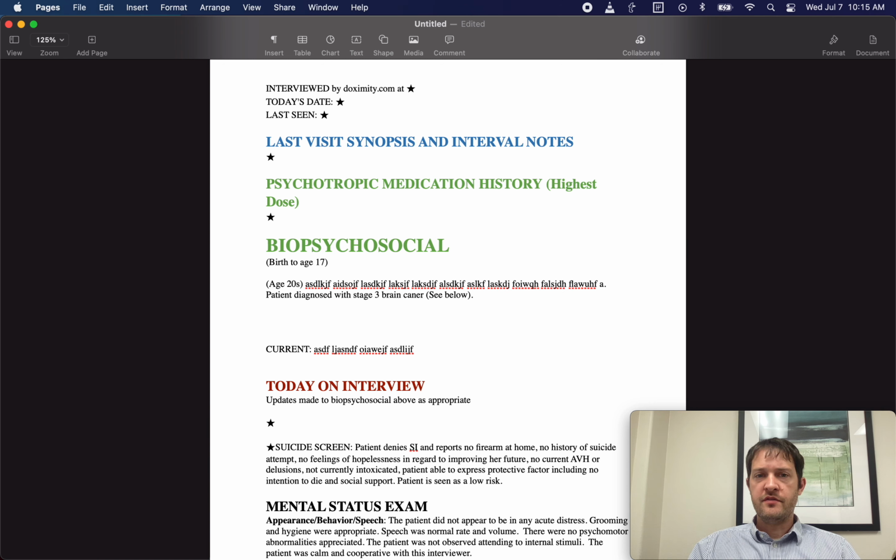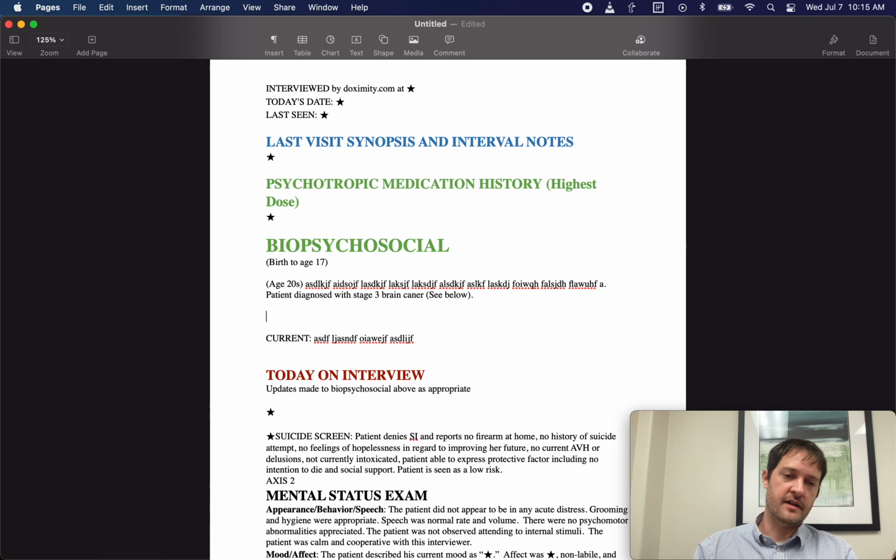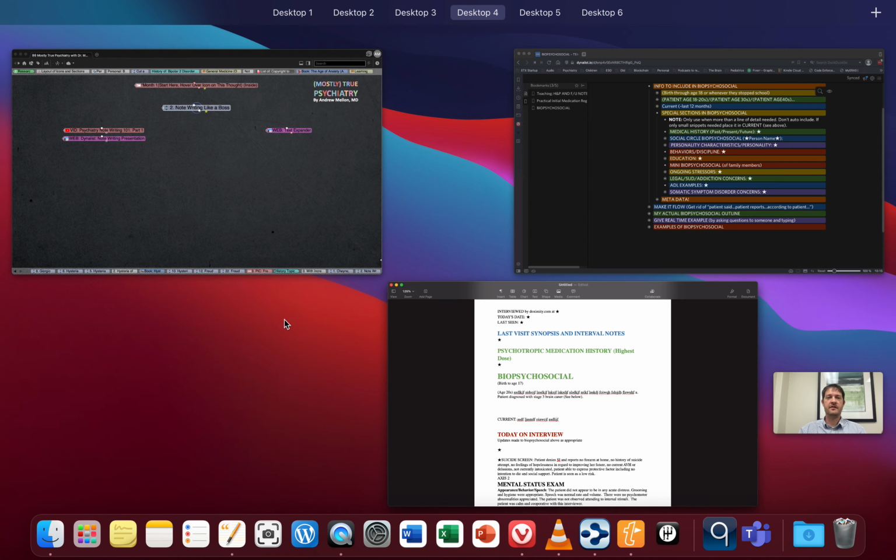This is a way to get away from what most psychiatrists do, which is put in the assessment plan, patient has characteristics of axis 2 personality disorder. That's lazy and not helpful. It's basically saying this person's a jerk and I don't like interacting with them. It doesn't tell you anything.